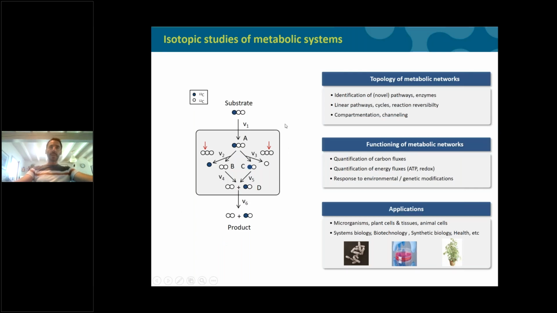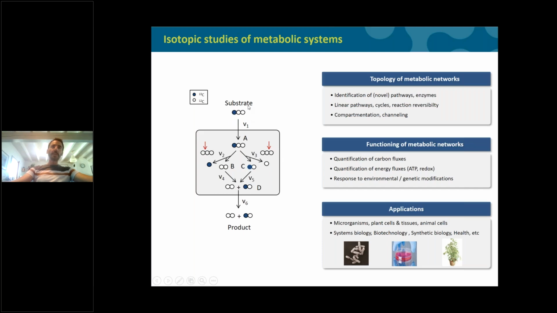For instance, if we take as example this very simple network where we have a substrate which is converted into a product by two different pathways for this conversion. In the first one, we have the decarboxylation of the first carbon atom. In the second one, we have the decarboxylation of the last carbon atom.